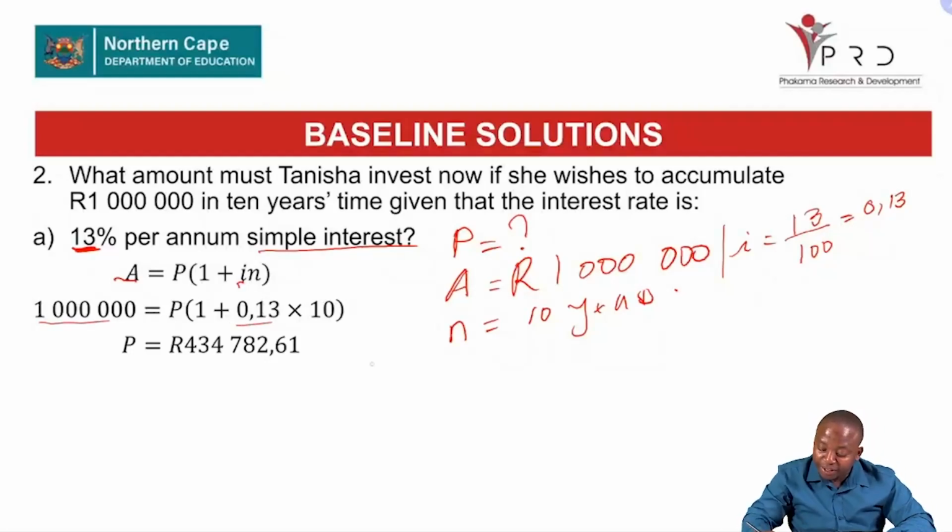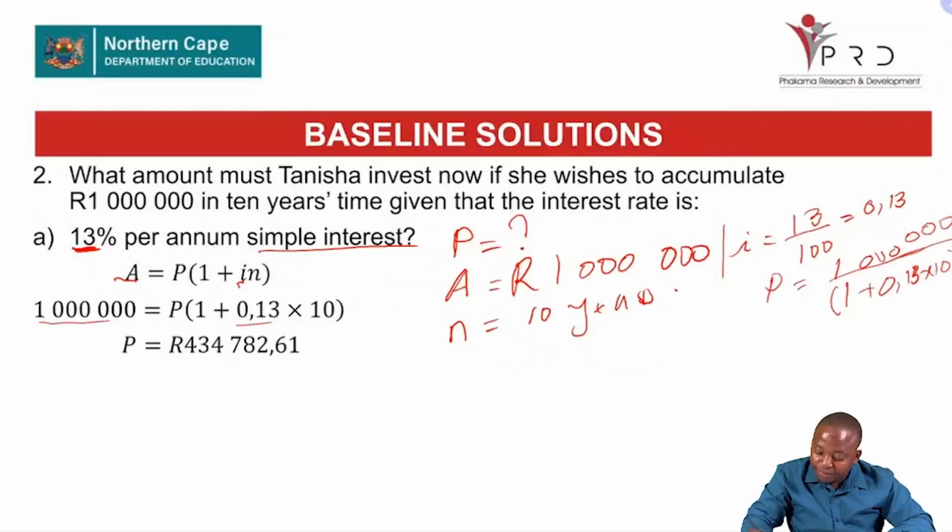So when you take everything and divide, you just say P will be 1 million divided by everything that is inside the bracket, which is 1 plus 0.13 times 10.